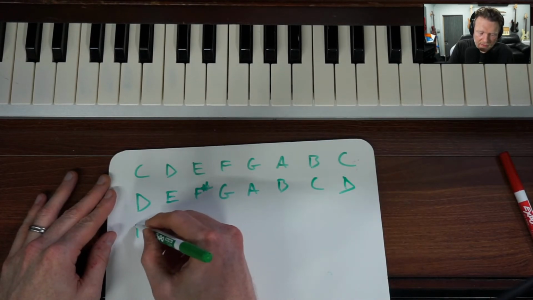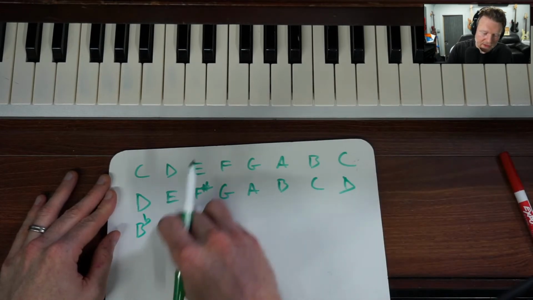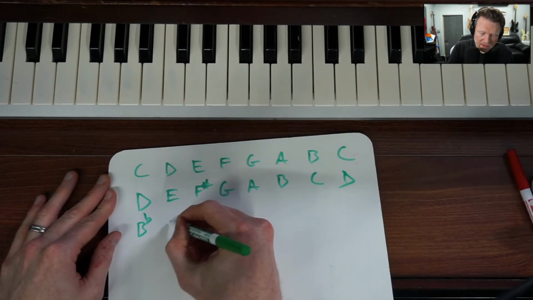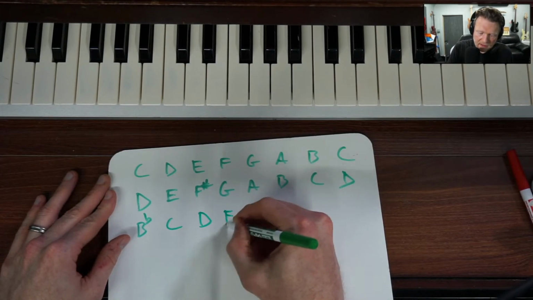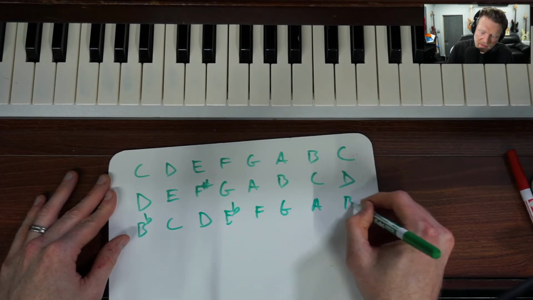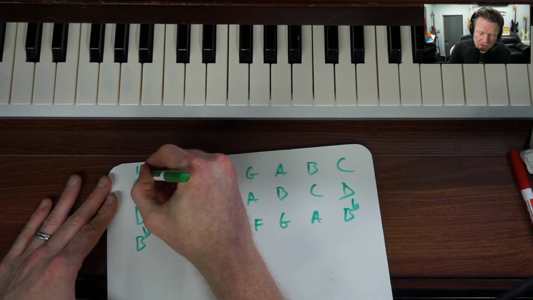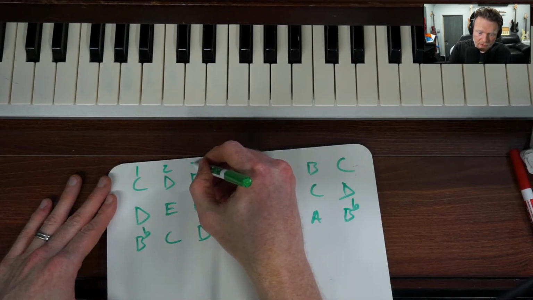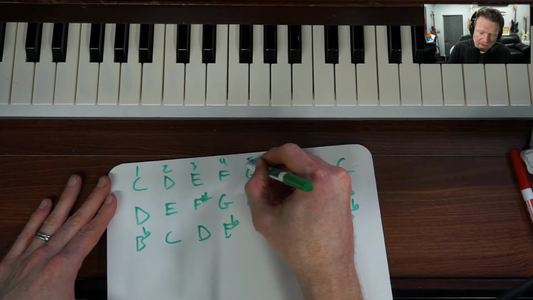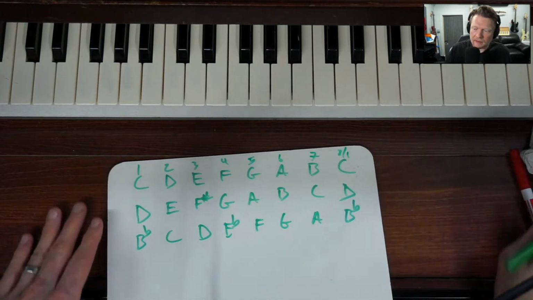Let's do a flat. Let's do B flat. F, G, A, and B flat. All right. So here are our numbers again: 1, 2, 3, 4, 5, 6, 7, 8, enter 1. All right. We're good there.